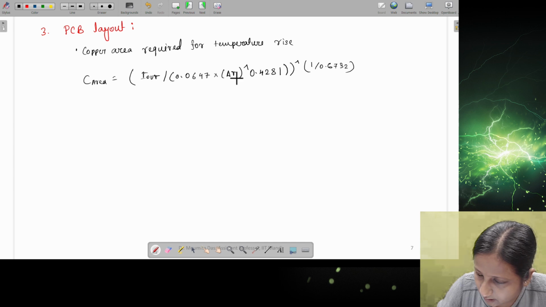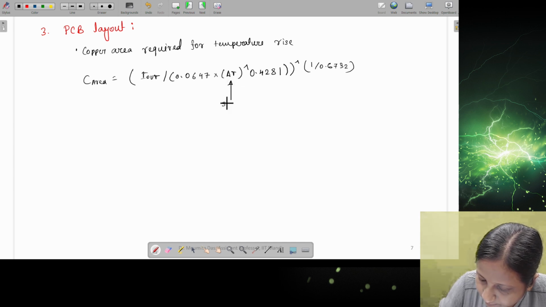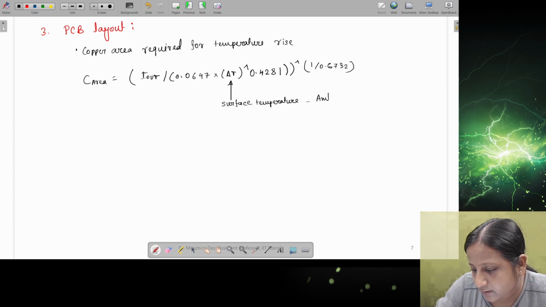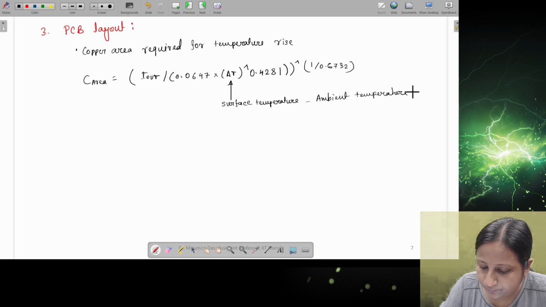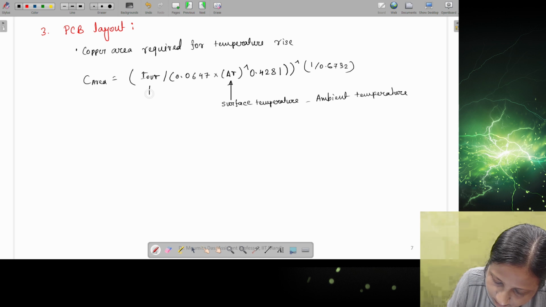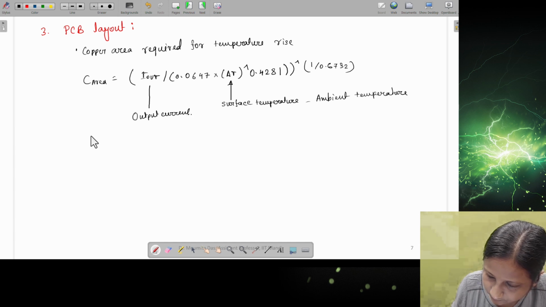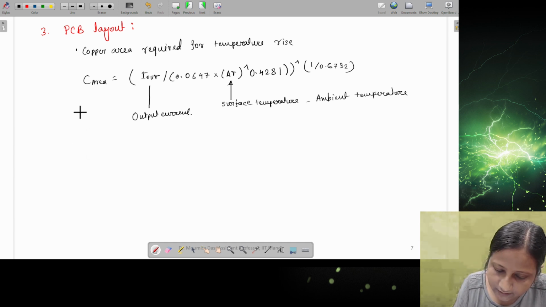Now this delta T is the surface temperature minus the ambient temperature, and this I out is the output current. This is the copper area required.